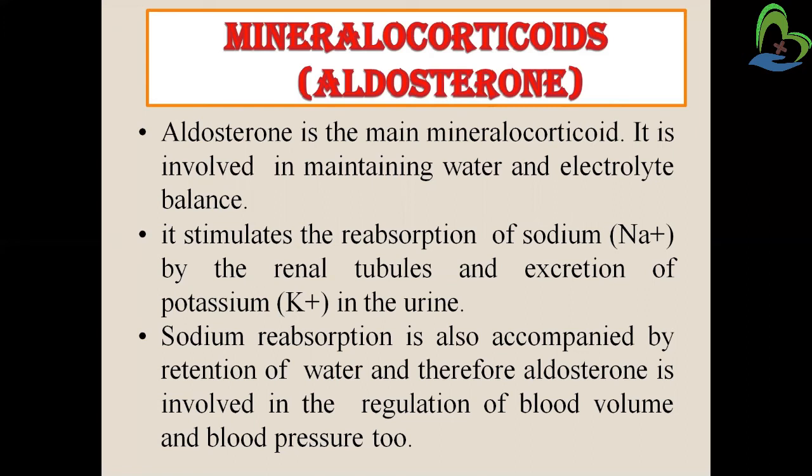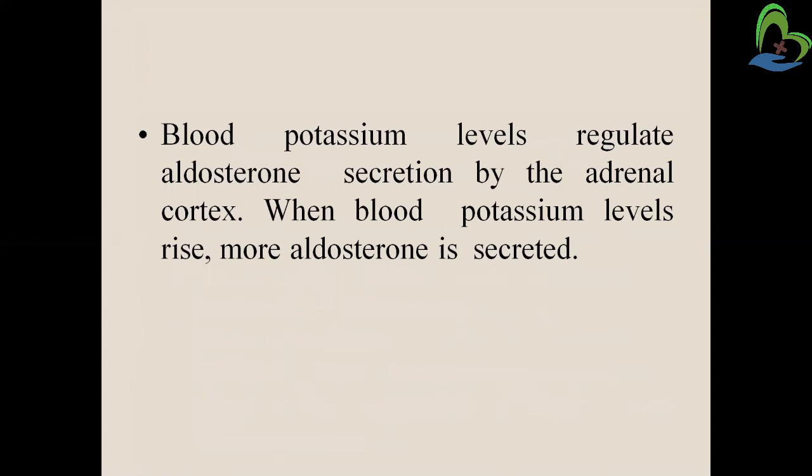Sodium reabsorption is also accompanied by retention of water, and therefore aldosterone is involved in the regulation of blood volume and blood pressure. Blood pressure maintenance is mainly done through aldosterone. The blood potassium level regulates aldosterone secretion by the adrenal cortex. When the blood potassium level rises, more aldosterone is secreted.